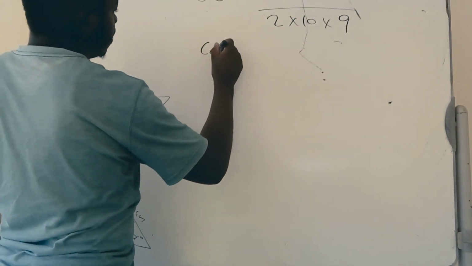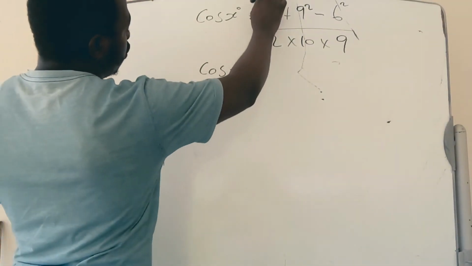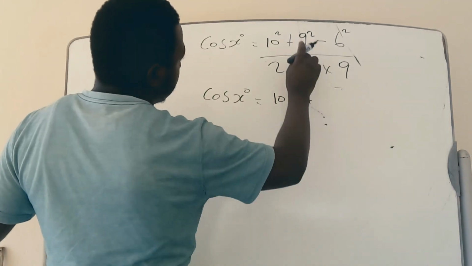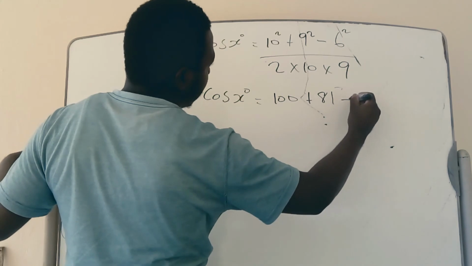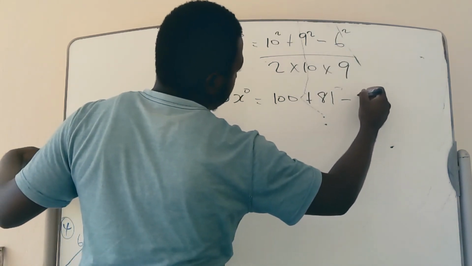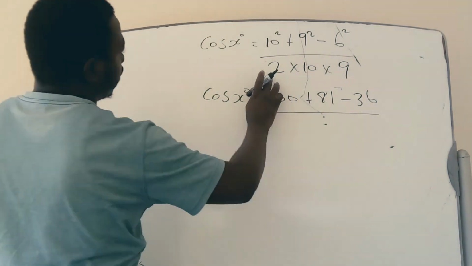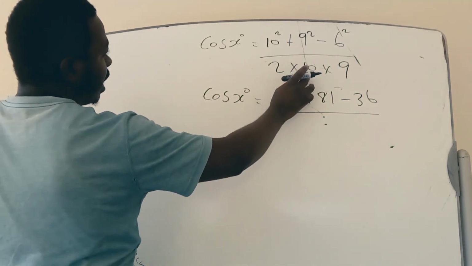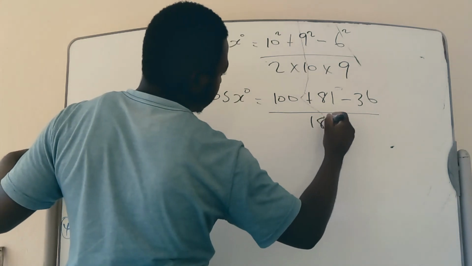So cos of x degrees is equal to 10 squared, which is 100, plus 9 squared, which is 81, minus 6 squared, which is 36. All of that over 2 times 10, which is 20, times 9, which is just 180.